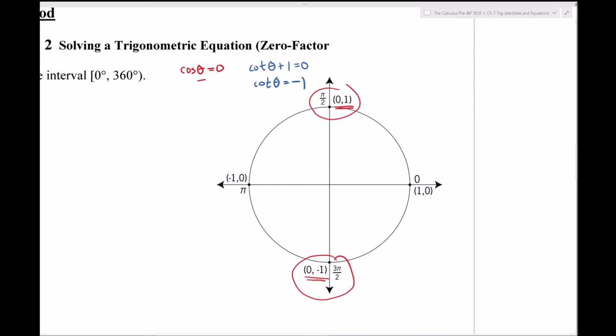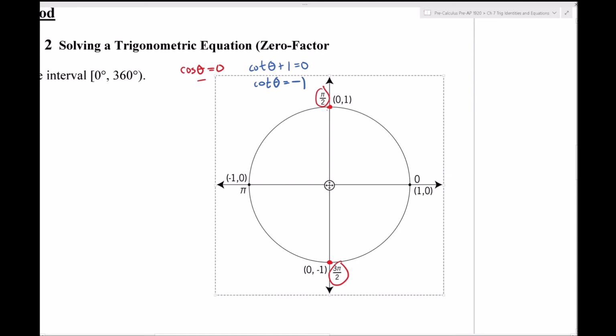Those are the only two places on the fundamental circle, 0 to 360, for which cosine is 0. So I'm going to record both of those angles. There's this one, and that's at 3 pi over 2. Actually, I don't have to record it because it's already there. And then pi over 2. So let me draw them.